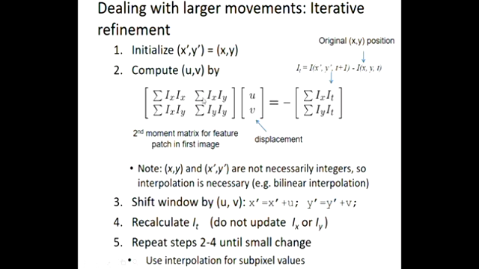And then I iteratively calculate the displacement, update my window in the next image, compute the difference of the intensities of the second window to the first window, and then recalculate the displacement and add that to my estimate. In practice, you only need to do this a few times before it will converge. In my implementation, I just do it 5 times, and that's usually fine. Otherwise, you could check to see if the change is small enough, then you stop.